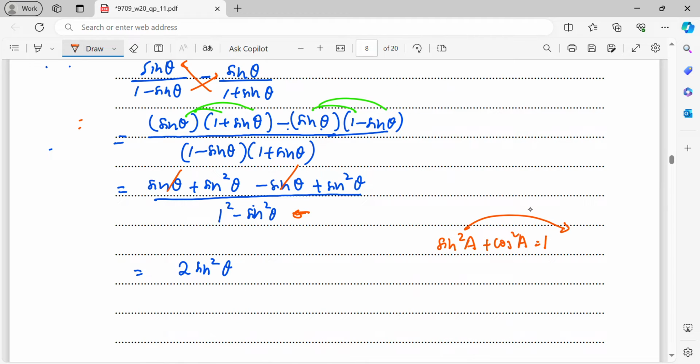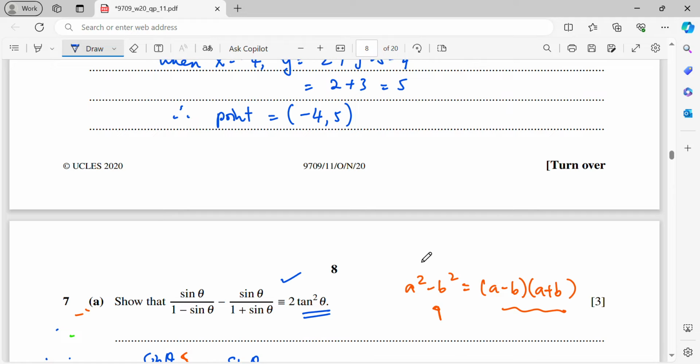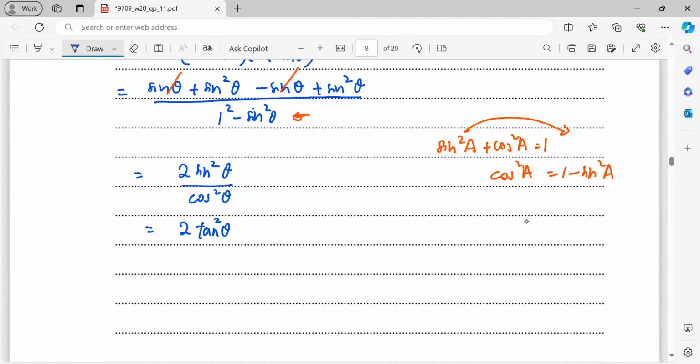It will be just cos squared. So I will change this to over cos squared theta. Sine squared theta over cos squared theta will be tangent squared. Therefore, 2 tangent squared theta. So with this, I have proven the identity.